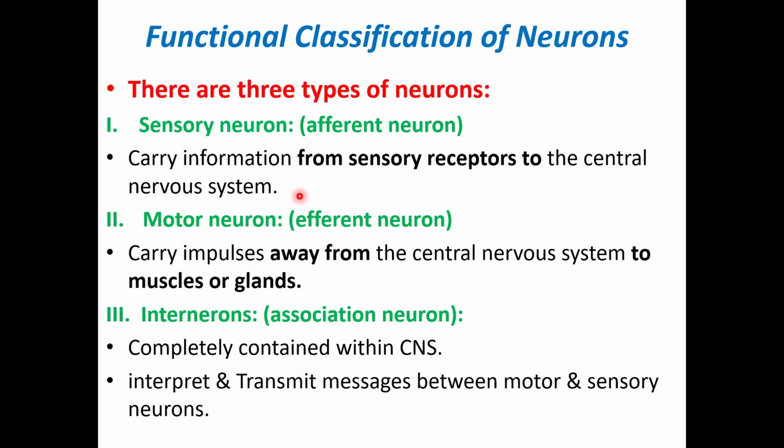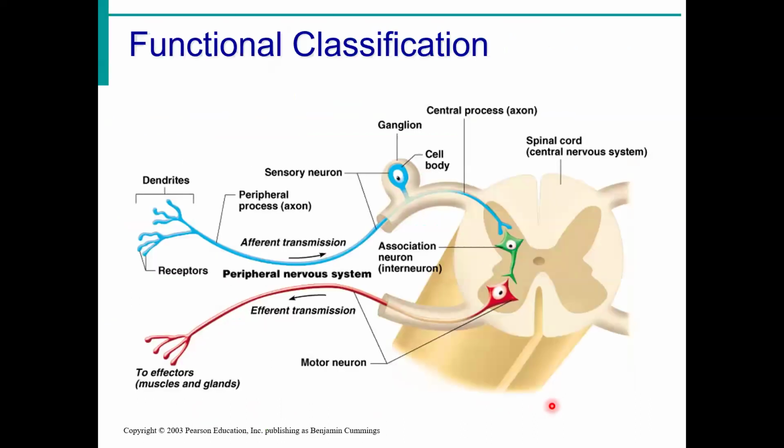Finally, interneurons, or association neurons, are completely contained within the central nervous system, and these neurons interpret and transmit messages between motor and sensory neurons. I think we need a diagram to understand this data. We have here the sensory neurons in blue color, carrying impulses from the body to the central nervous system.